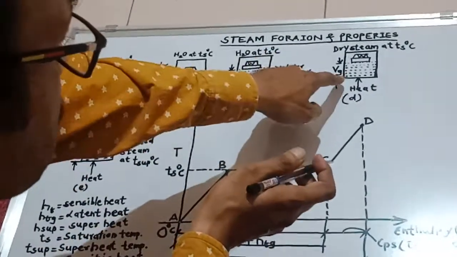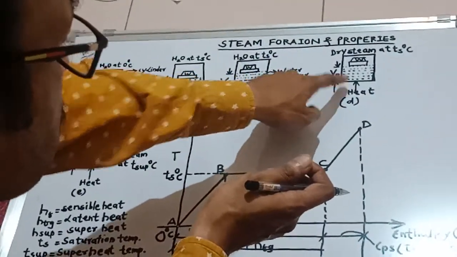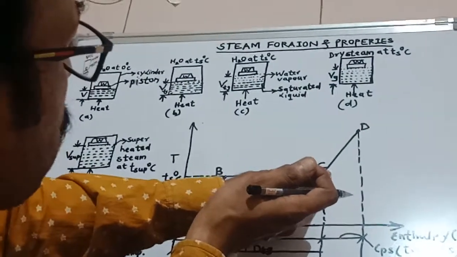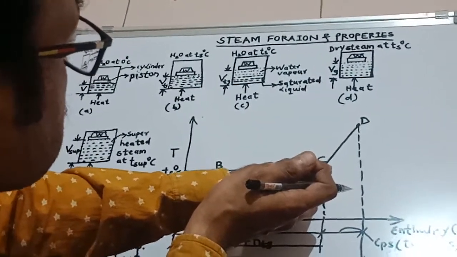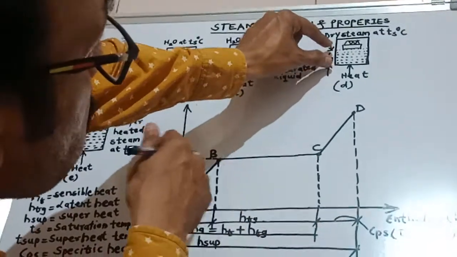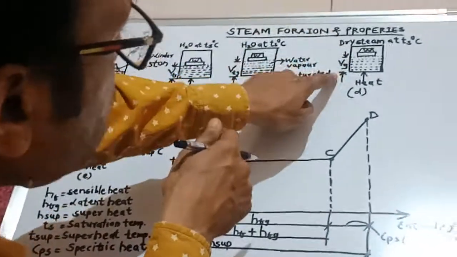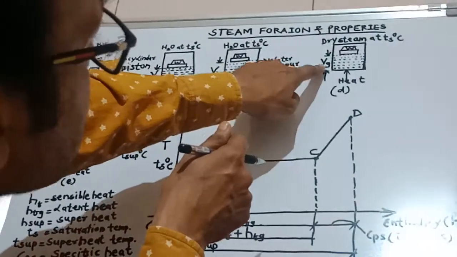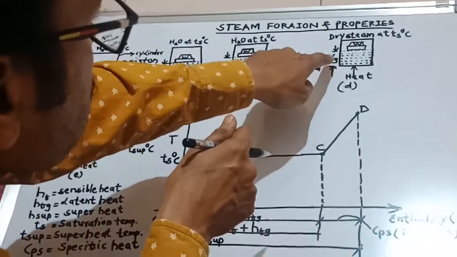Now on further heating, what will happen? When we reach point C, at that time water is converted into steam, but that is dry steam. Here the steam is dry steam and its volume is Vg.